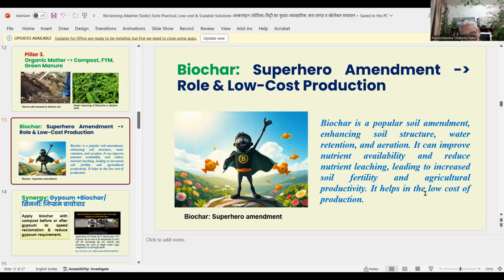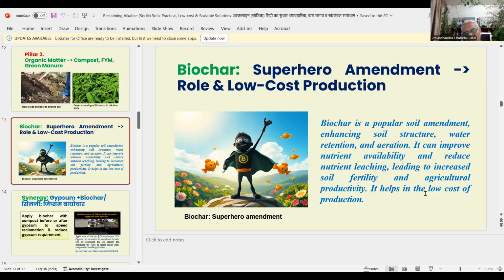So you know that the productivity of saline, alkaline or sodic soil or acid soil is low. But the fertility is there. But there is a constraint in problematic soil.